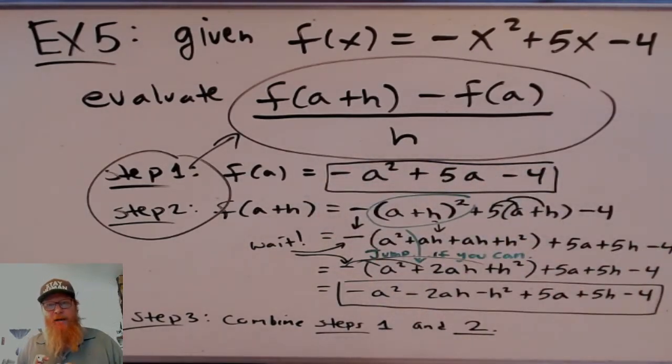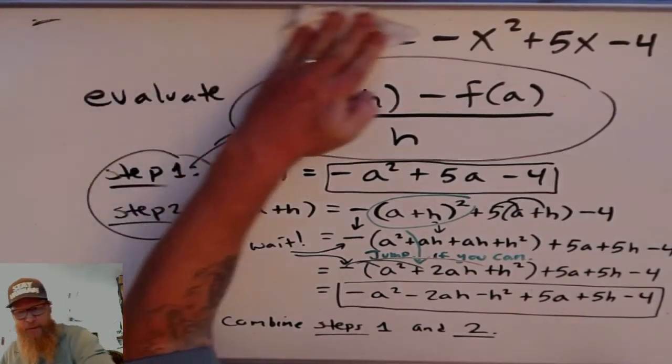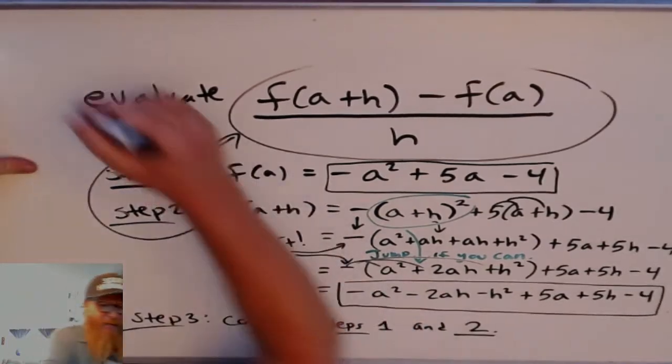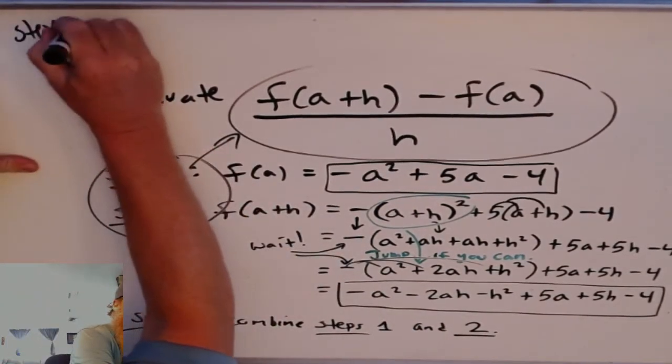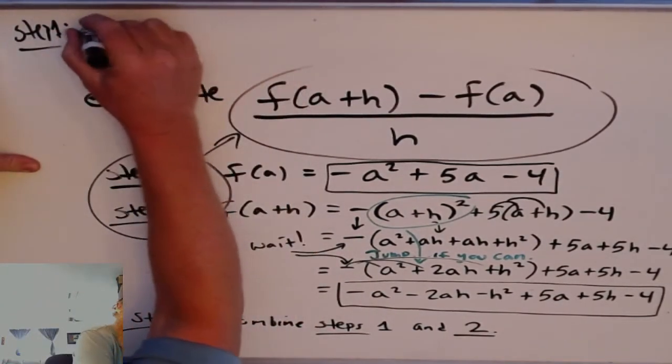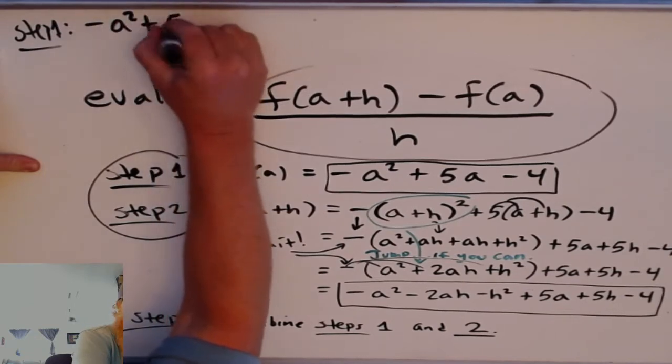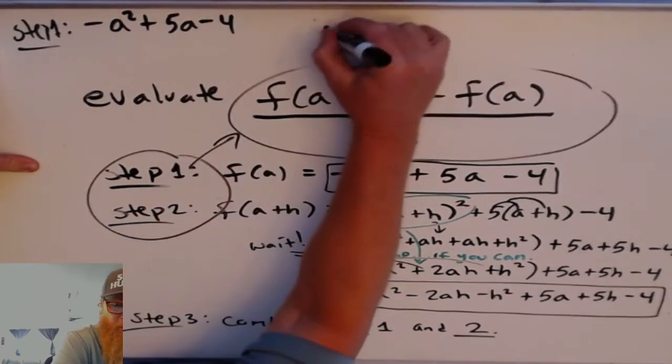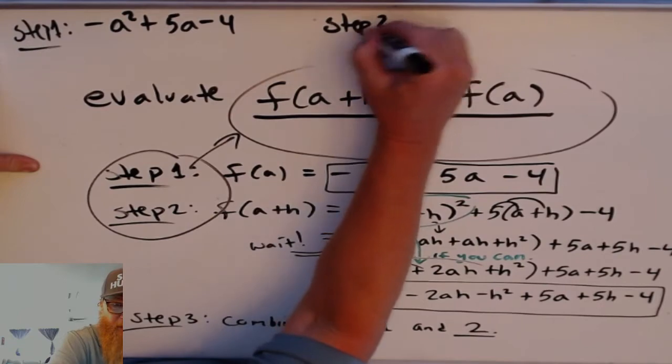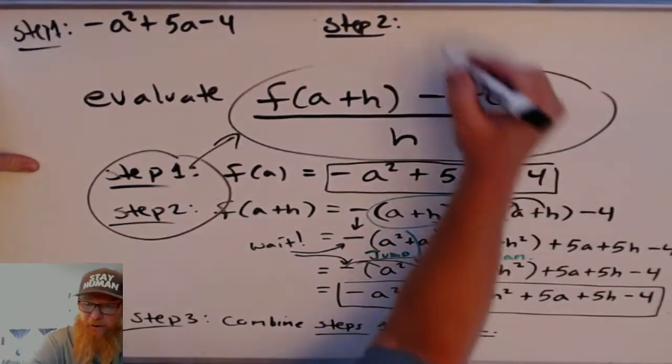My board's not quite big enough to do all of this, so here's what I'm going to do. I'm going to go like this. I'm going to write step 1 answer, negative a squared plus 5a minus 4. Step 2 answer. All I care about is the boxed part.